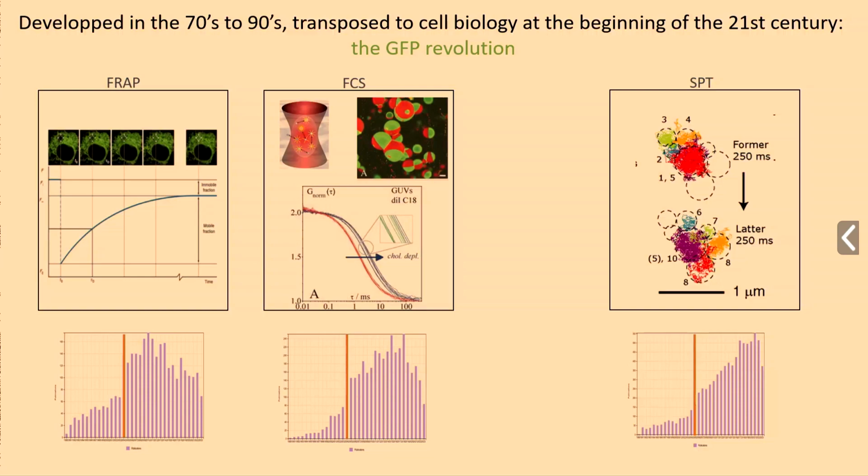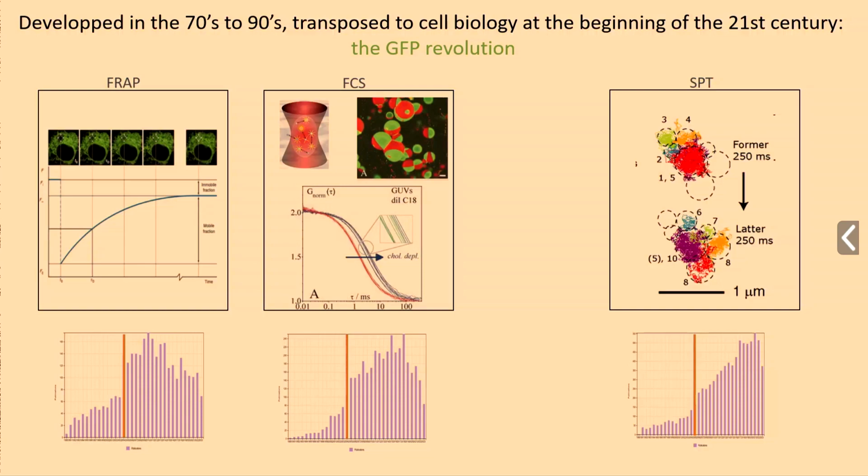So what you see here is that the maximum of FRAP just happened, let's say, 5 or 6 years after the beginning of the Imabio consortium. For FCS, it's a little bit delayed, and for single particle tracking, it's still ongoing, okay? So I would say that FRAP is almost over nowadays. Well, FCS is still quite interesting, but certainly SPT is the future of the motion analysis in cells.